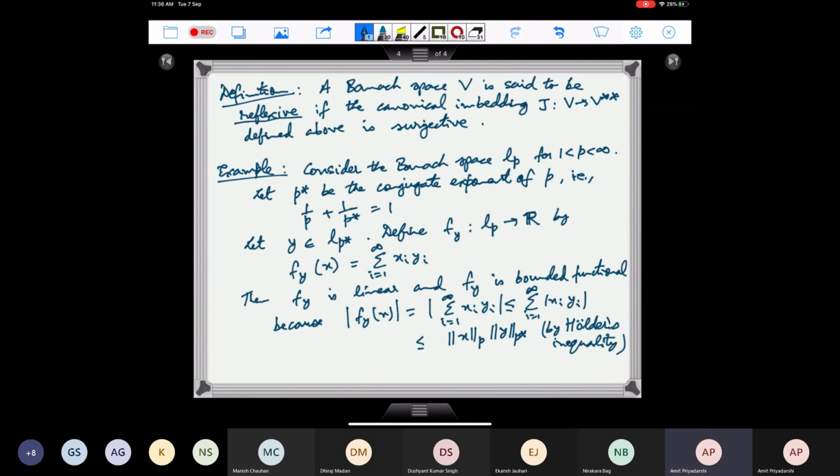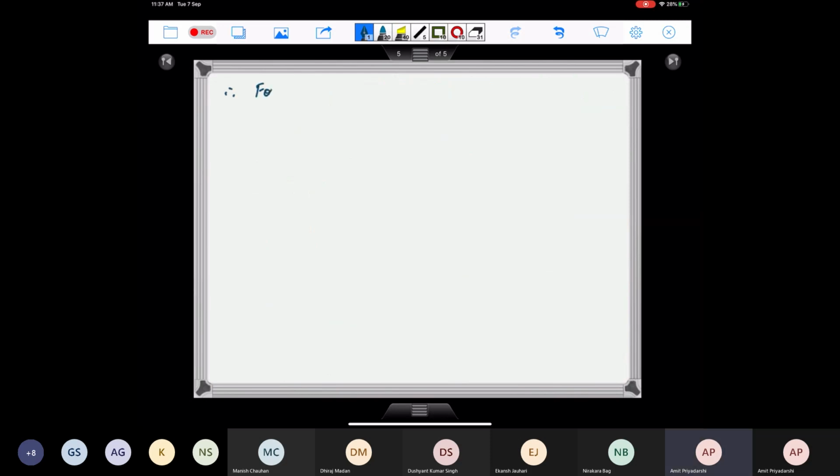So in fact, what we get is that the norm of f_y is less than or equal to the norm of y in p star. So therefore, for any y belonging to l^p star, f_y belongs to the dual of l^p.